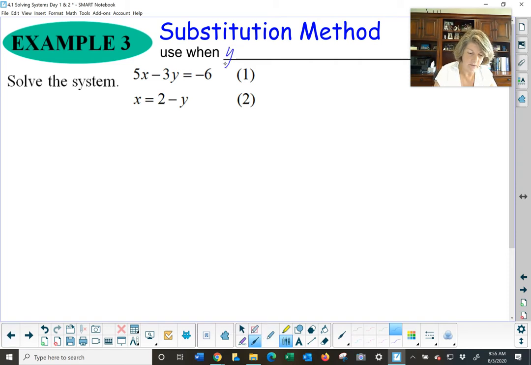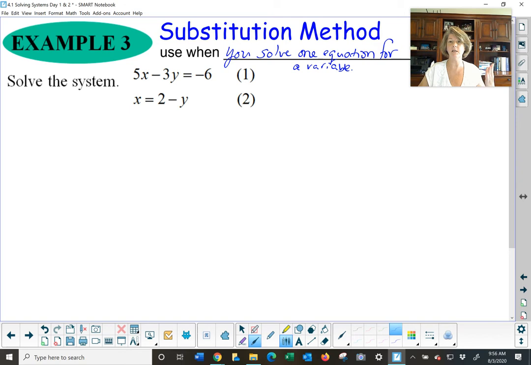When you solve one equation for a variable, if I'm working in x and y's, maybe I'll get it solved for x, so it'll say x equals.